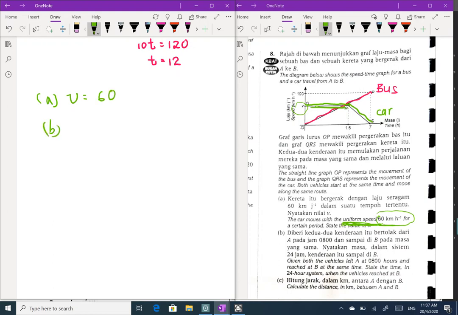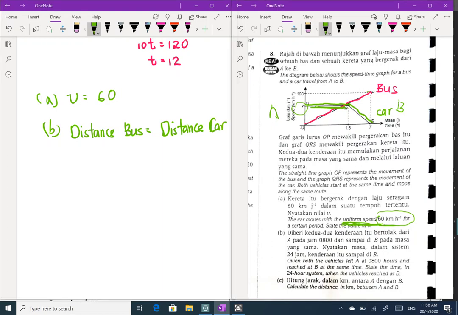B. Given both vehicles left A at 8 a.m. and reach B at the same time, state the time in 24-hour system when the vehicles reached B. 两个都是8点钟离开，那么可不可以告诉我他们几点会到达 B 呢？这里是 A，这里是 B。两个人的 distance 一定是一样的，是不是？因为两个都是去同样的地方嘛。So the distance for a bus must be equal to the distance of a car. 怎样找 distance of a bus?